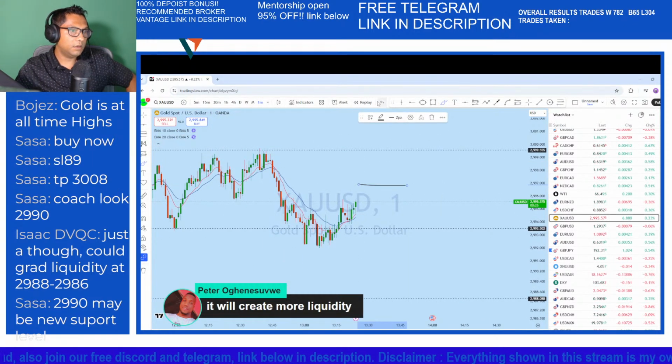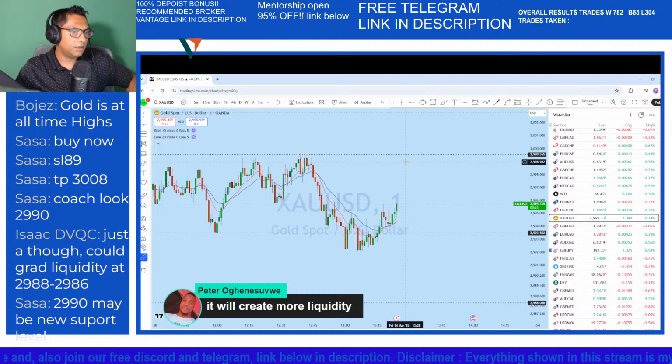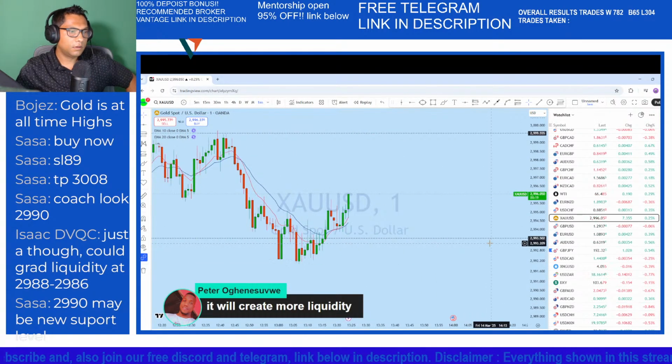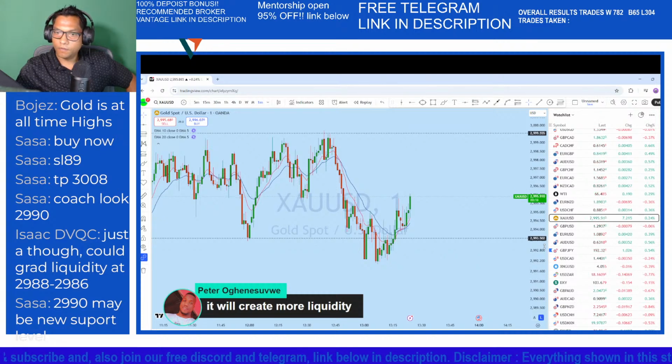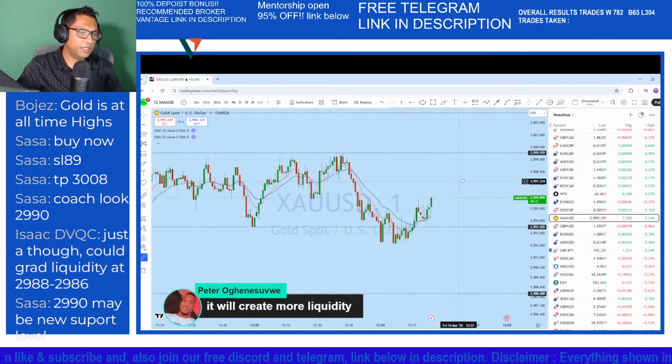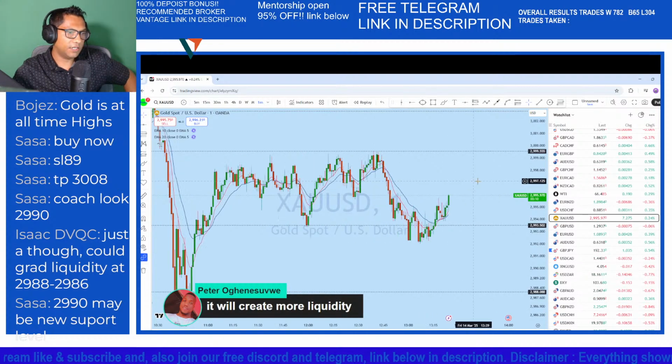Doji and breakout from the doji. And would like to see that it's trending in that direction from that inverted head and shoulder.